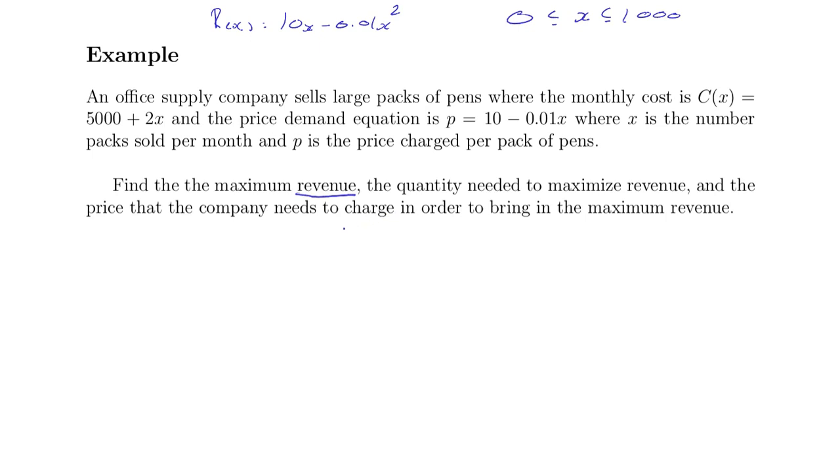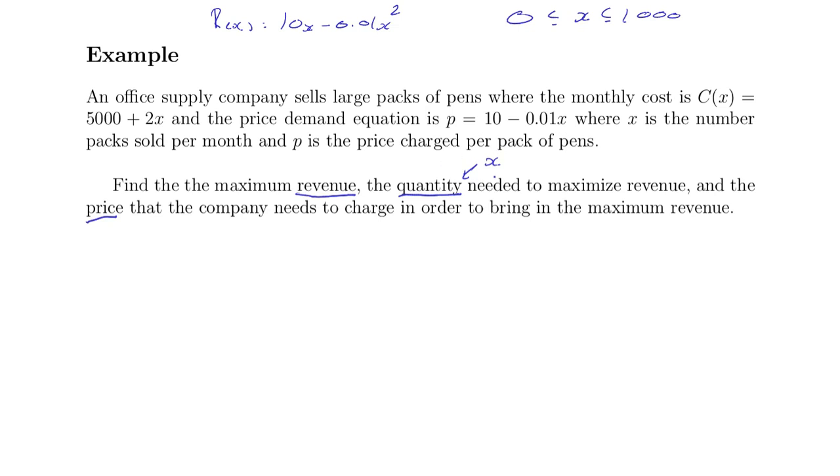So we want to find three things. We're going to find the maximum revenue. We're going to find the quantity needed. That's the x value that we need. And then we're going to find the price that we need to charge. Most of the time, you'll actually only be asked for one of these things, maybe two, but I just want to go through all three of them so that you can see how to interpret your different answers. So find some of this stuff.